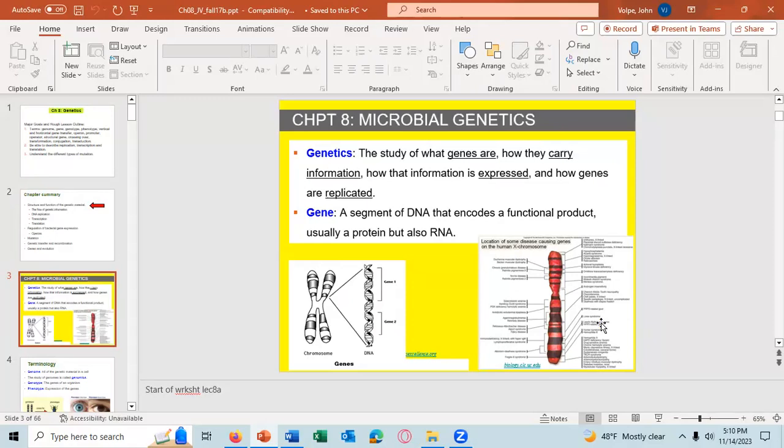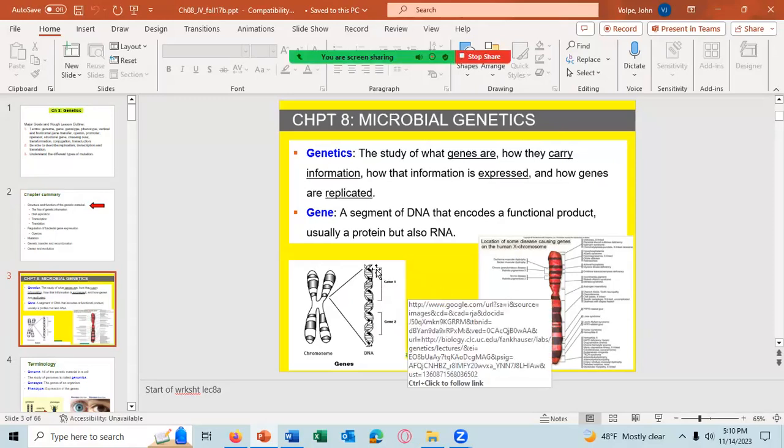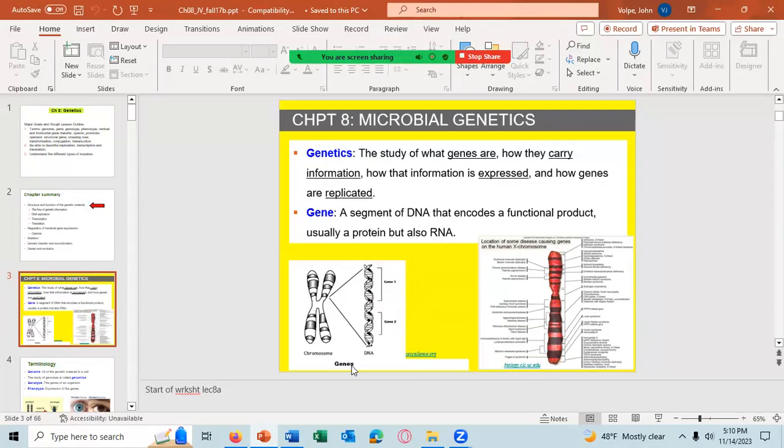A gene is a region of DNA that codes for something, and there's a chromosome, and you can see the DNA wrapped up in the chromosome, and then there's gene 1, and after that is gene 2. You note that there is some region, at least on eukaryote chromosomes, that doesn't code for a product like a protein or an RNA.